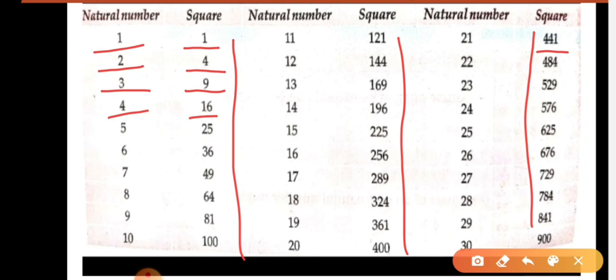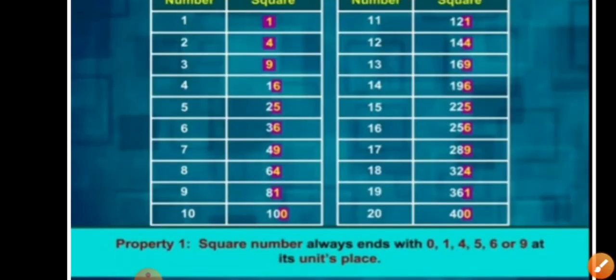You can see here every number is ending with 0, 1, 4, 5, 6 or 9. So property 1 says that a square number always ends with 0, 1, 4, 5, 6 or 9 at its unit place.